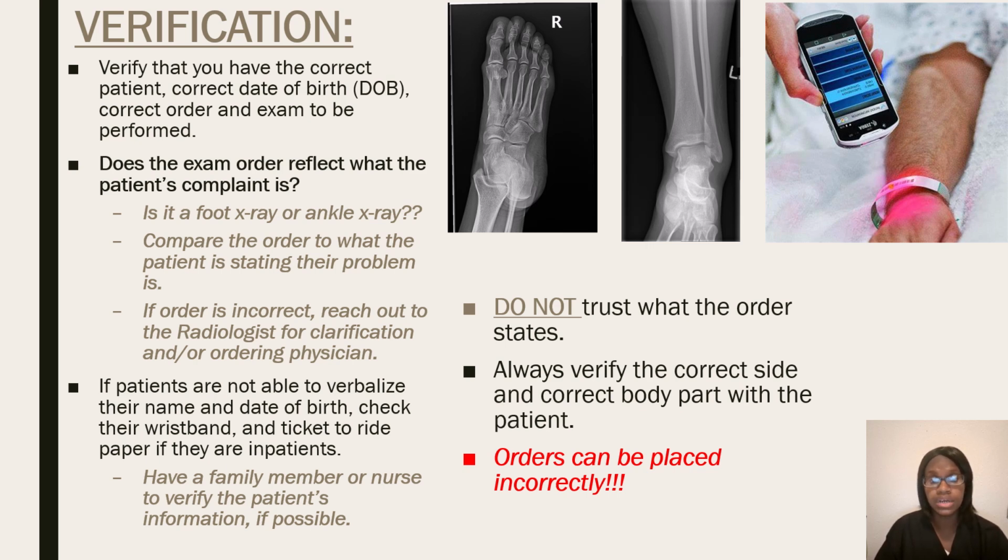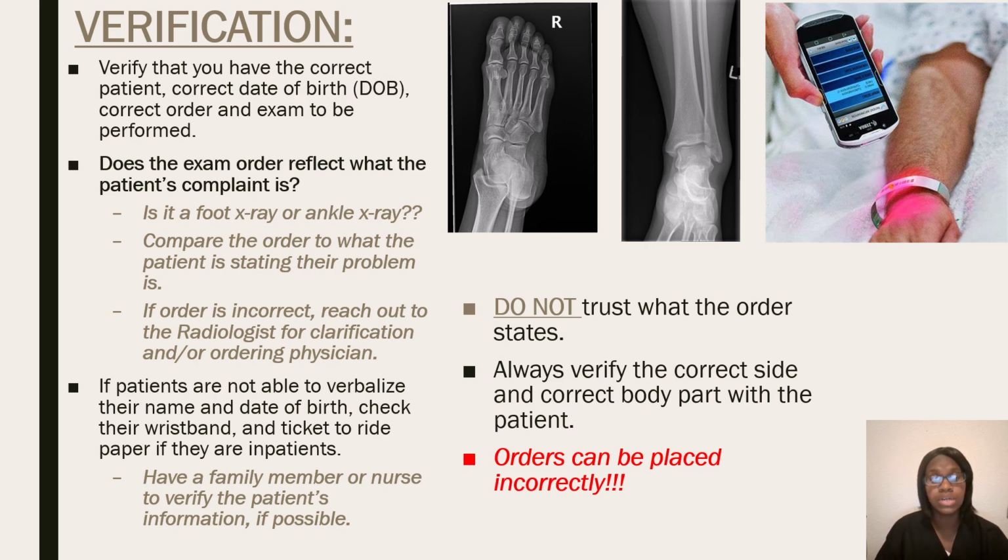If the order is incorrect, reach out to the radiologist for a clarification, or you can reach out to the ordering physician. A lot of times, if it's like an outpatient order, sometimes, not always, you may have a phone delay with getting in touch with a nurse or a physician, but you can always reach out to the ordering physician.